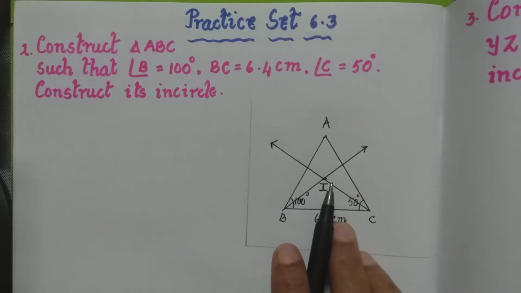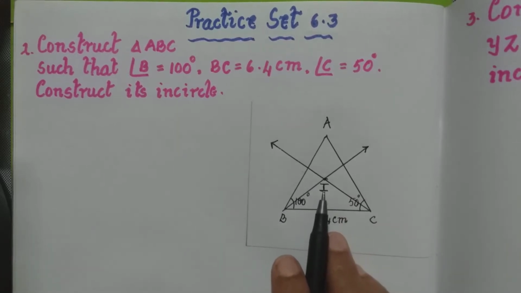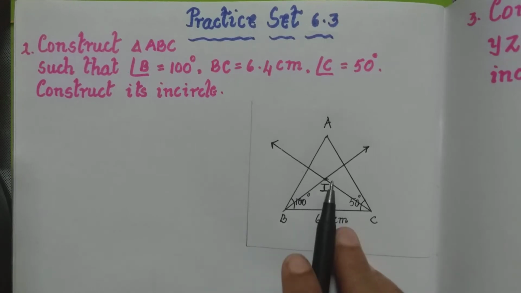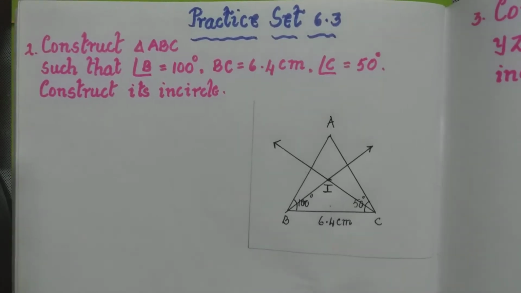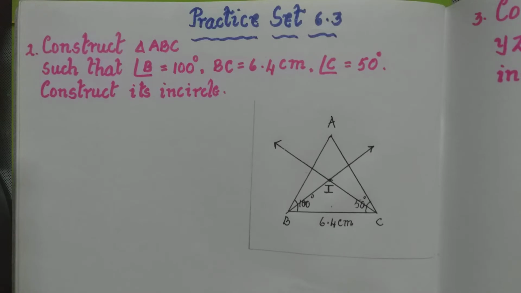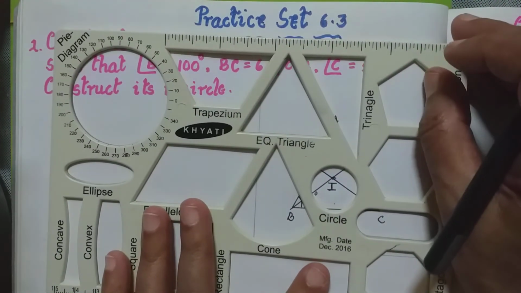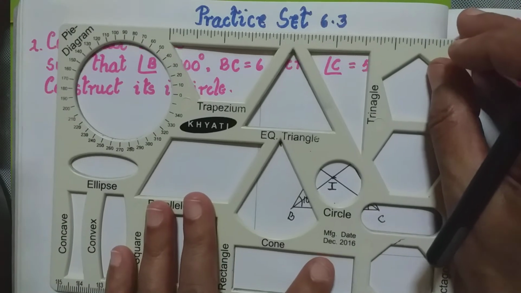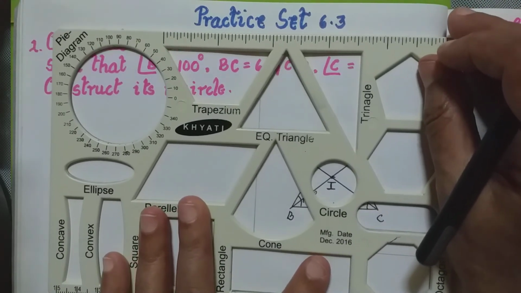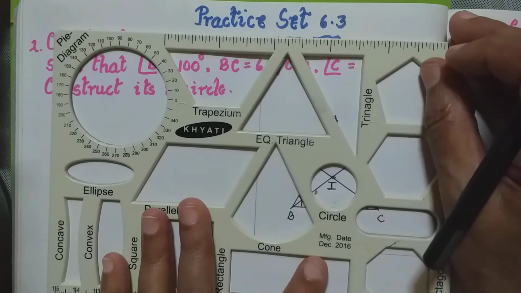Now since this is a rough figure, we can just take a circle which is almost the same size as this triangle and then draw it. Let us just check here whether this will fit. So this is almost touching all the three sides of the triangle.